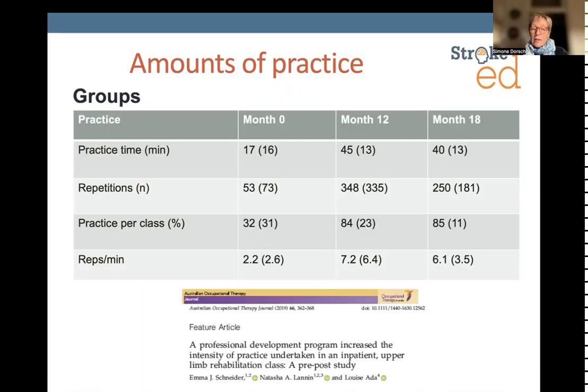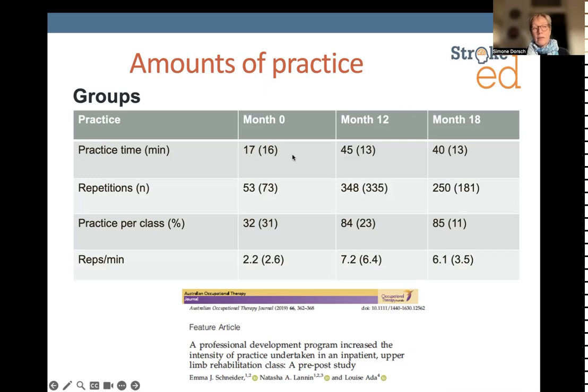This is a study done by Emma Schneider, who's an OT in Melbourne. What Emma was looking at in this study was changing the intensity of practice within an upper limb rehab class within an inpatient rehab setting.